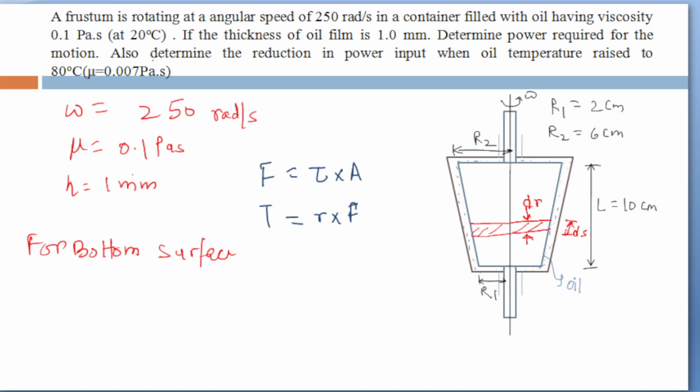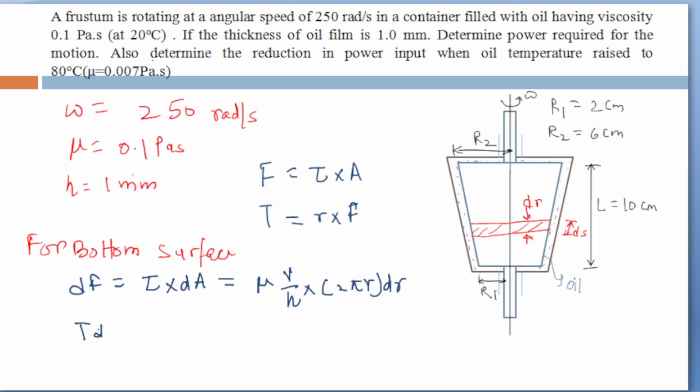Now the force acting on this strip is dF, which is tau into dA. If we consider the velocity profile within the oil, which is linear because the film is very thin, the shear stress is mu into v by h, and the area is 2 pi r into dr.